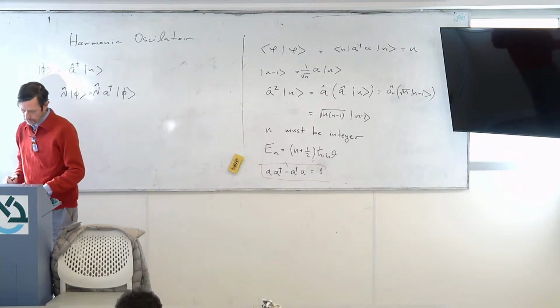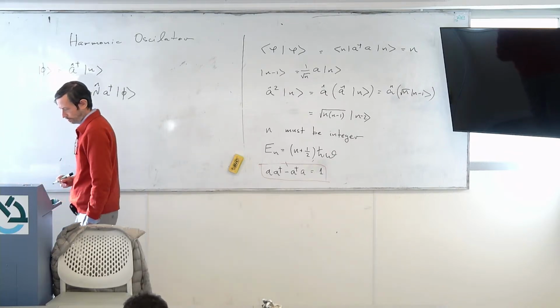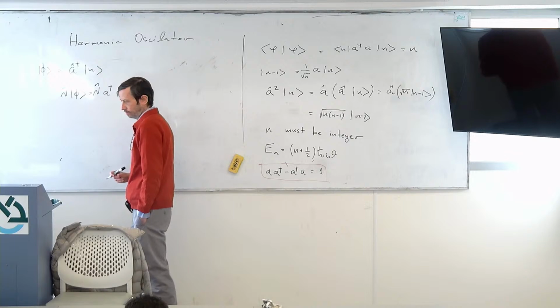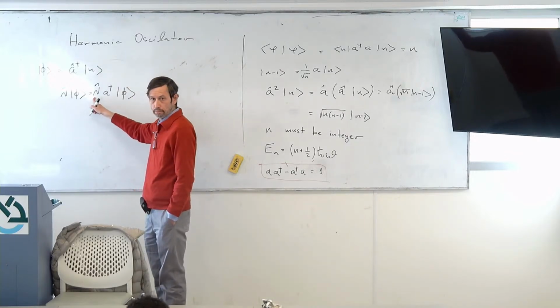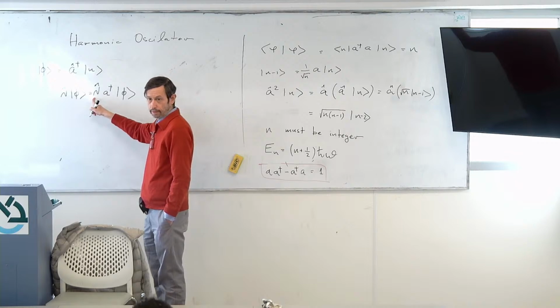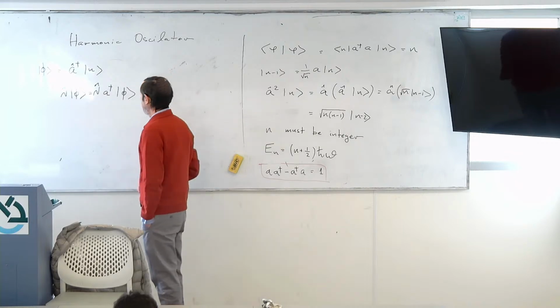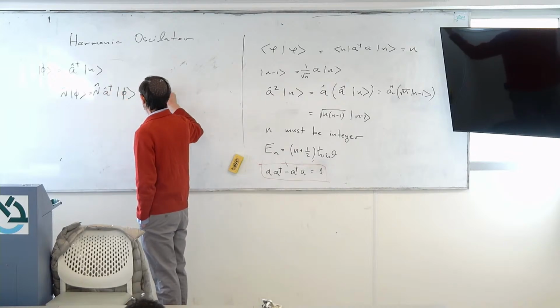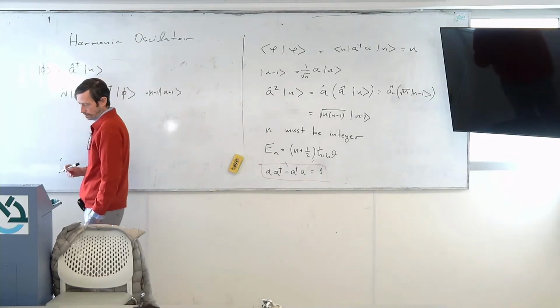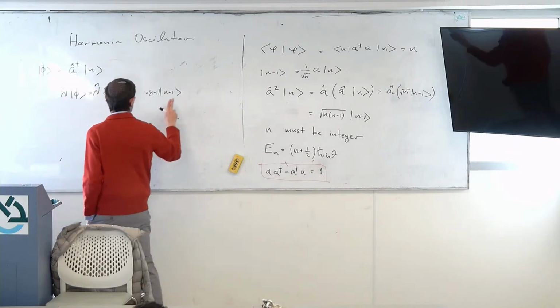We did the calculation. I'm just copying the definitions that we had for n A dagger, and I get here, sorry, n plus 1 phi.